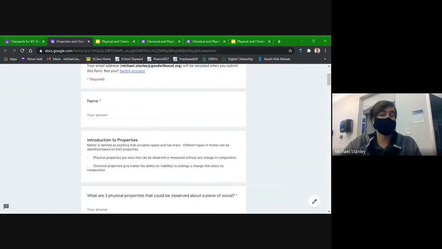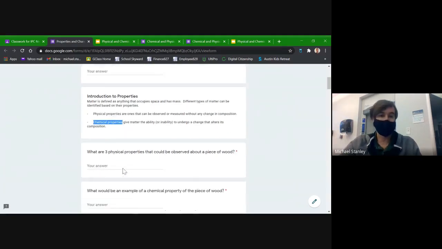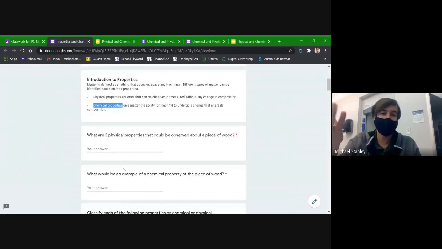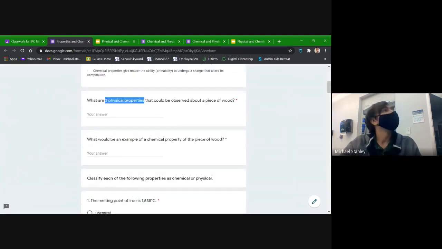So it starts off with a little description again of what physical properties and chemical properties are. And then the first part asks you to imagine a piece of wood and write down 3 physical properties that you could observe about this wood and a likely chemical property of this piece of wood. So that's the first part. There's a couple questions there.